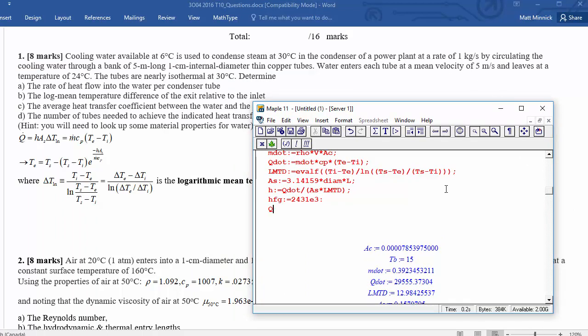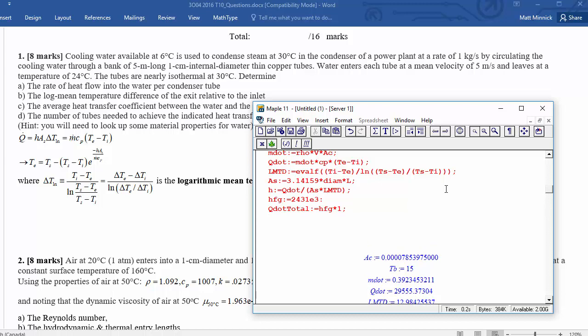So then Q dot total, so this is over all the different pipes, if it's coming from the condensation, would be h_fg, that's the energy that's released per kilogram, and then we're multiplying by 1 kilogram per second. So that's what's going to give us the watts there. So this is the rate of energy transfer from the steam into the pipes.